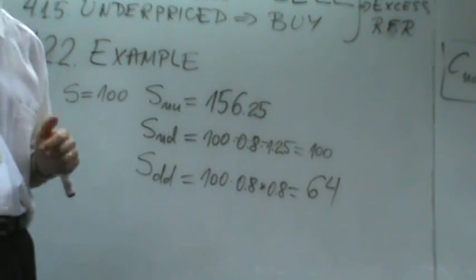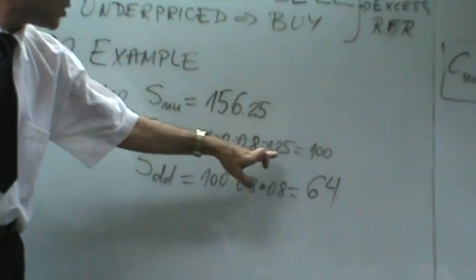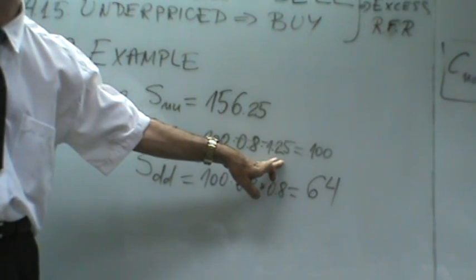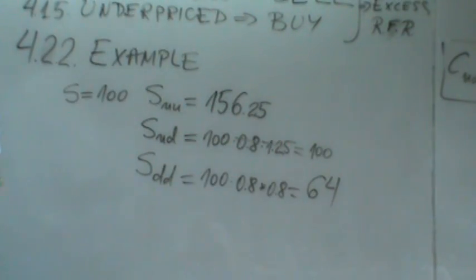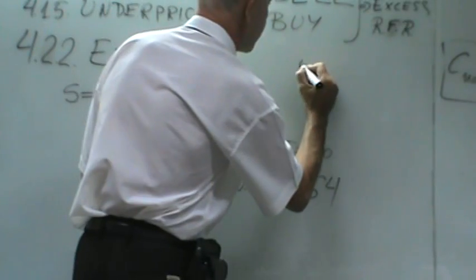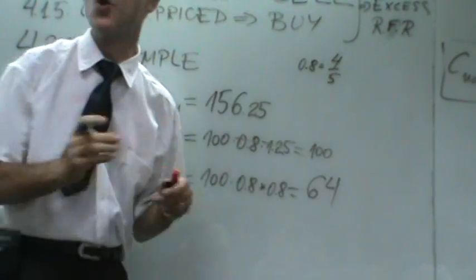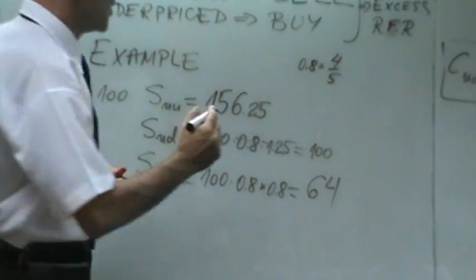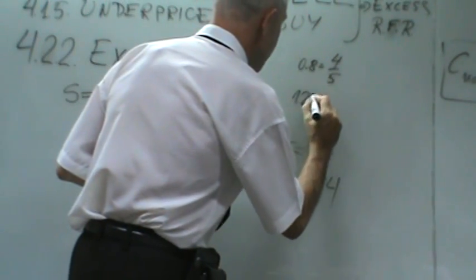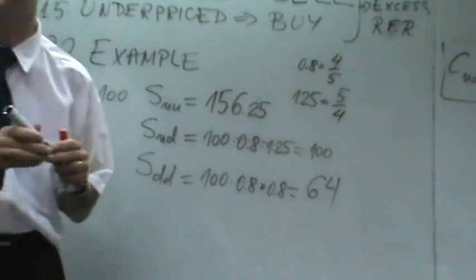Okay? Why does the 0.8 cancel with the 1.25? Why do they cancel? It just happens to be the case. 0.8 equals 4/5, and 1.25 equals 5/4.